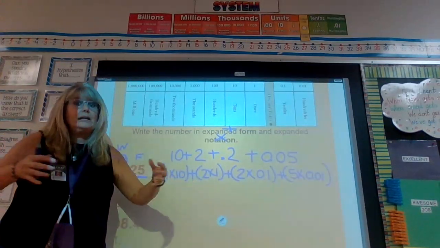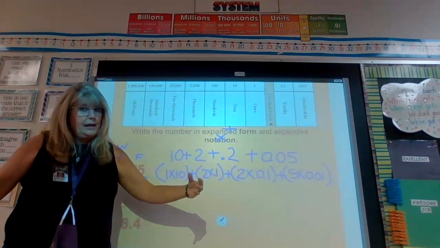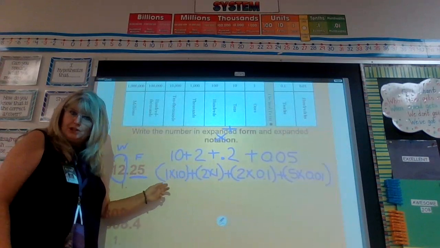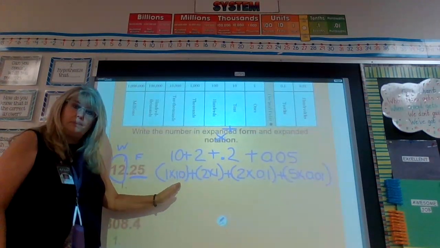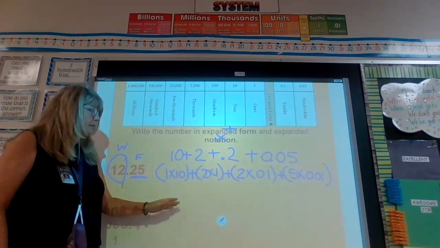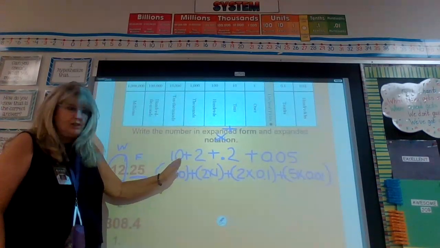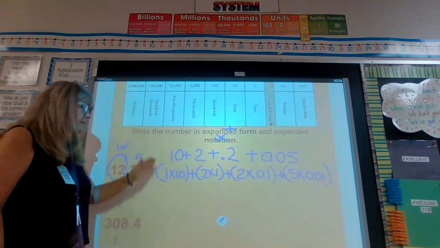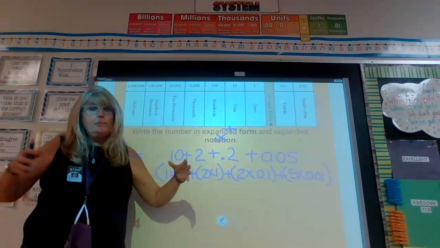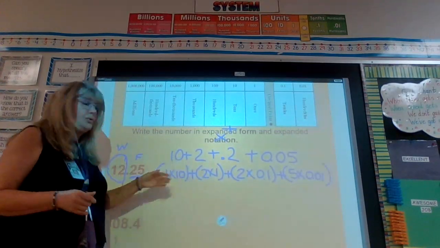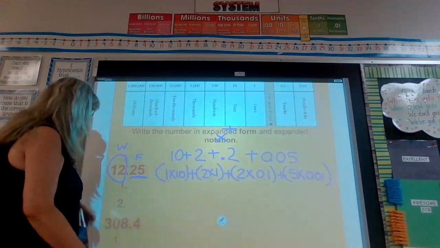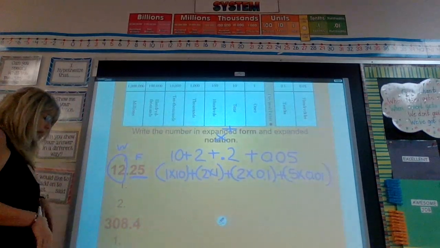Expanded notation is really going to grow that number because you're putting multiplication in there. You're taking that number and multiplying it by the place that that number's in. Whereas in expanded form, you're only taking the value of the digit and adding them together. So, remember that. Expanded form is always going to be a little bit shorter than expanded notation. Okay, the second one.